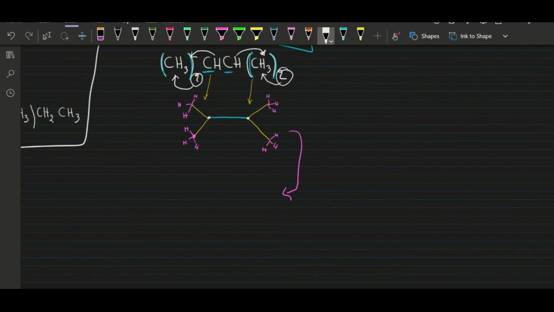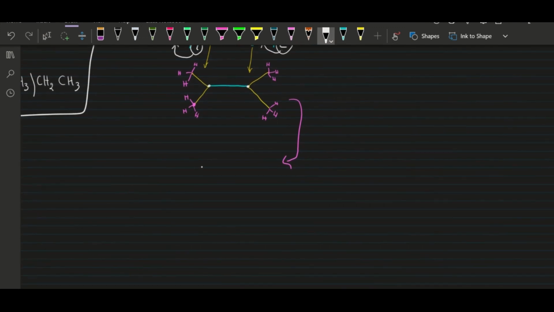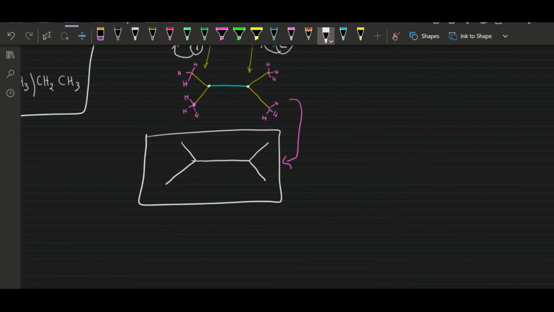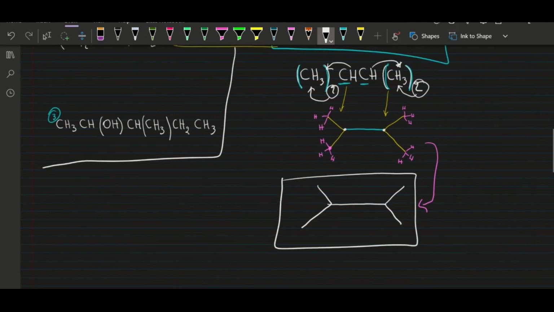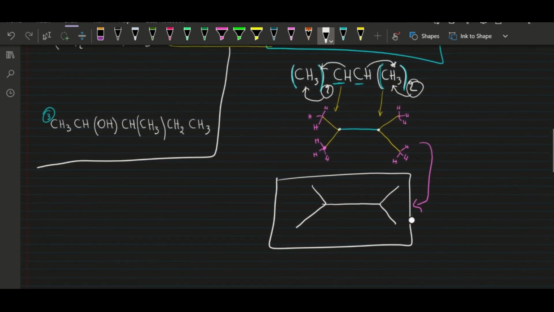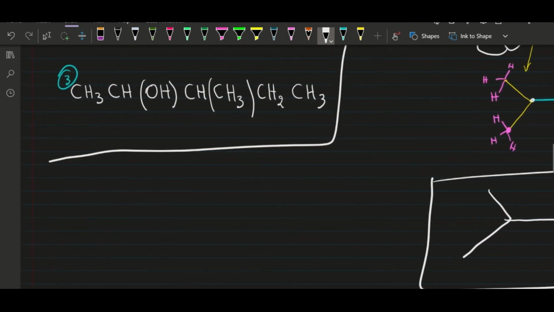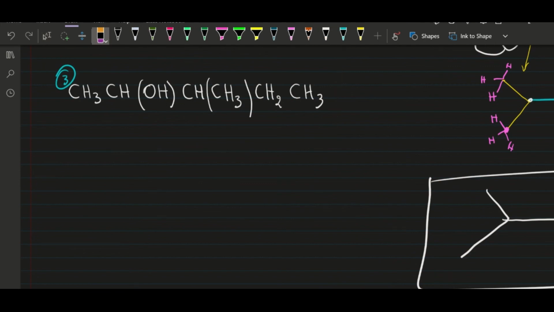And let's do a cleaner structure here. This is what it's gonna look like. That's the answer for that one. Okay. Now let's do this one right here.